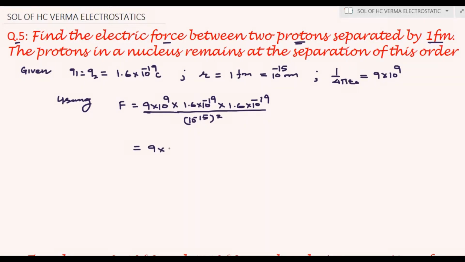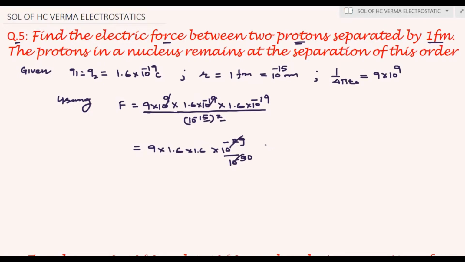Finally you will get 9 into 1.6 into 1.6 into 10 raised to power minus 29, because the 9 will cancel out here, you will get 10 raised to minus 10 minus 19, that is minus 29, divided by 10 raised to power minus 30. 15 into 2, that is minus 30.